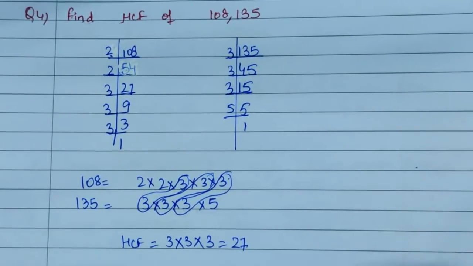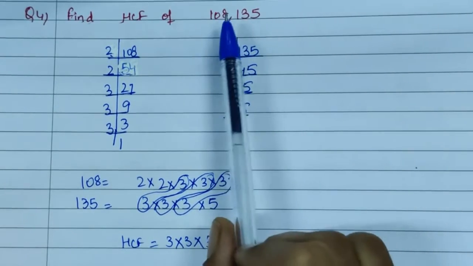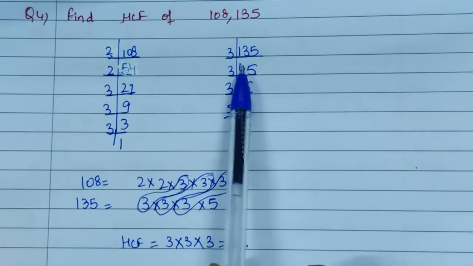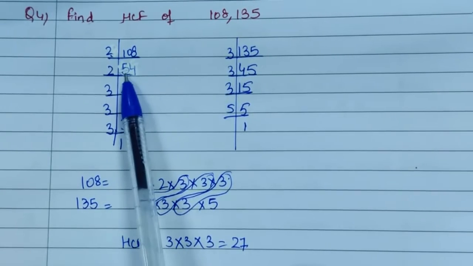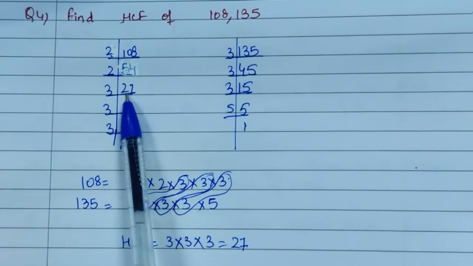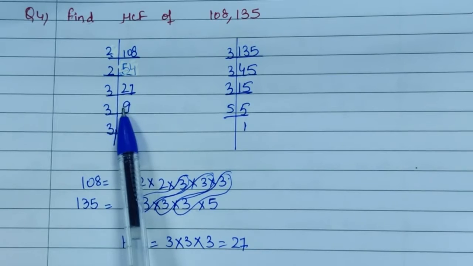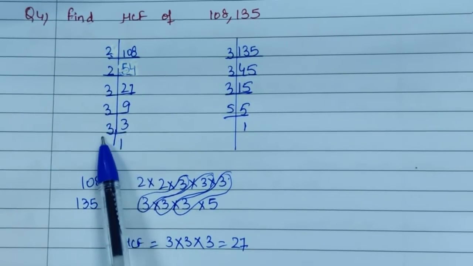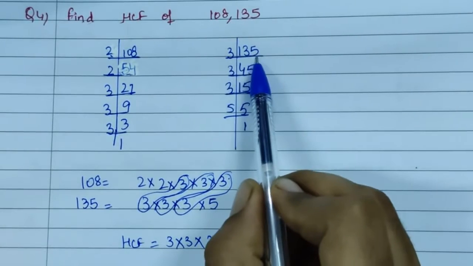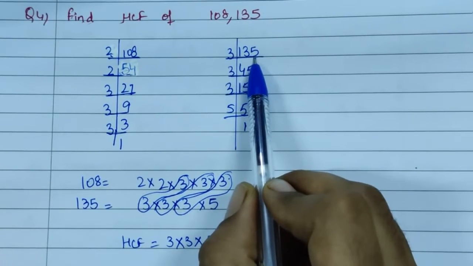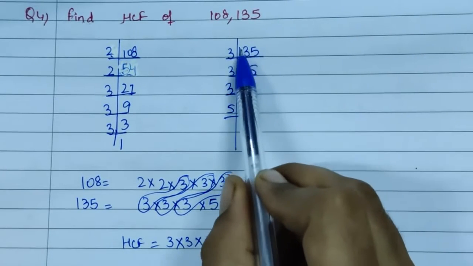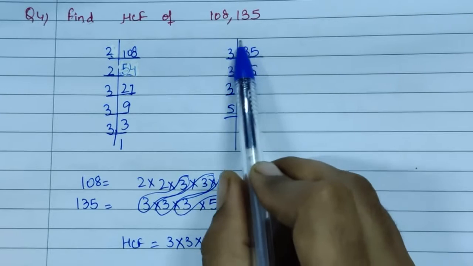Next, we have to find the HCF of 108 and 135. In the same way we find their prime factorization first. Dividing 108 by 2 gives 54, then 27, then 3 into 9 is 27, 3 into 3 is 9, 3 into 1 is 3. For 135, the last digit is 5, so it is not divisible by 2. If you add all the digits, it becomes 9, so it is divisible by 3.